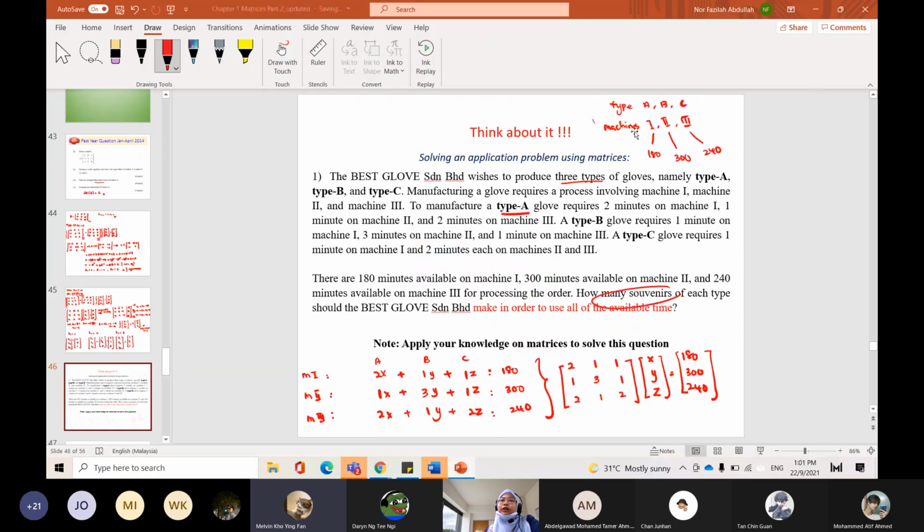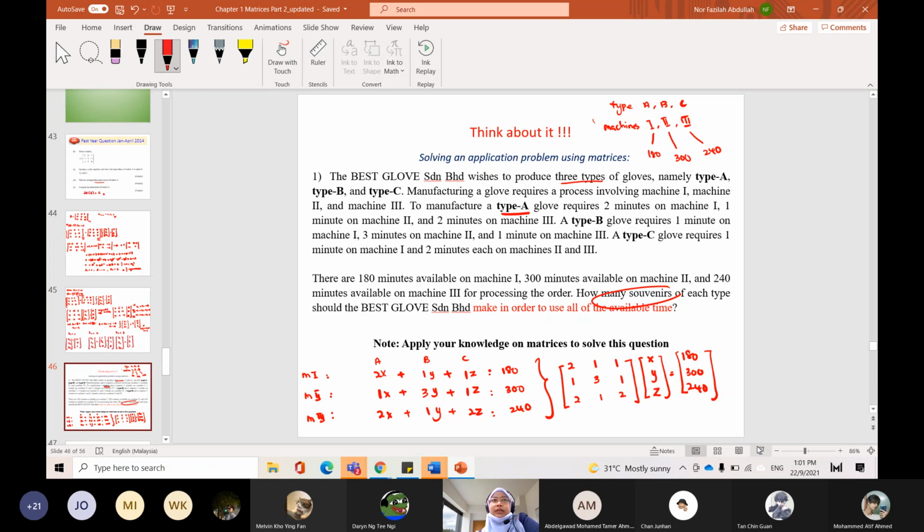Yes, Miss, for your machine 2, your C should be 2, right? Okay, we check again. Glove requires 1 minute, 3 minutes, and 1 minute. C is 1, 2, 2. Yes, correct.